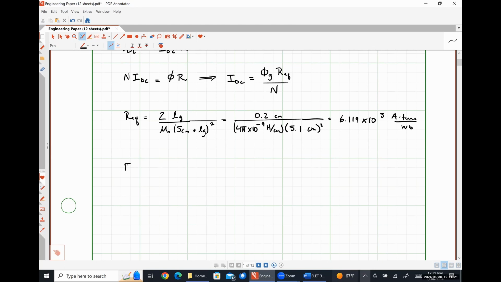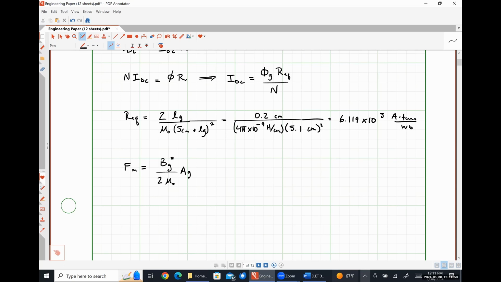But I believe that our mechanical force was equal to the flux in our air gap squared divided by twice mu naught times the area of our air gap. And then there would also be a term for the core, but since we know the core is negligible here, it's not going to contribute anything.